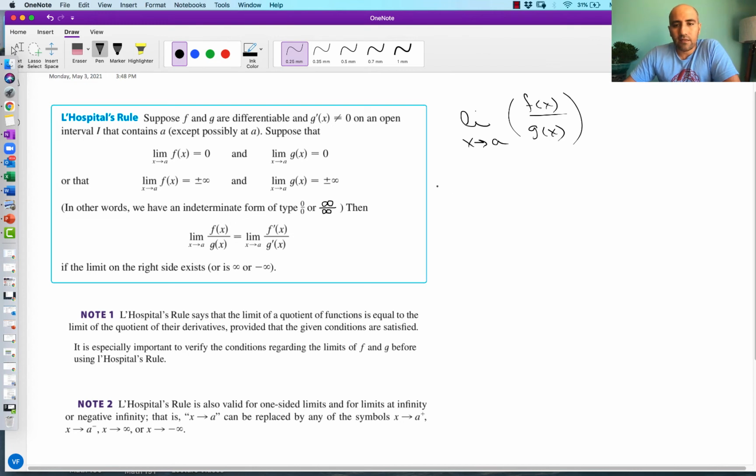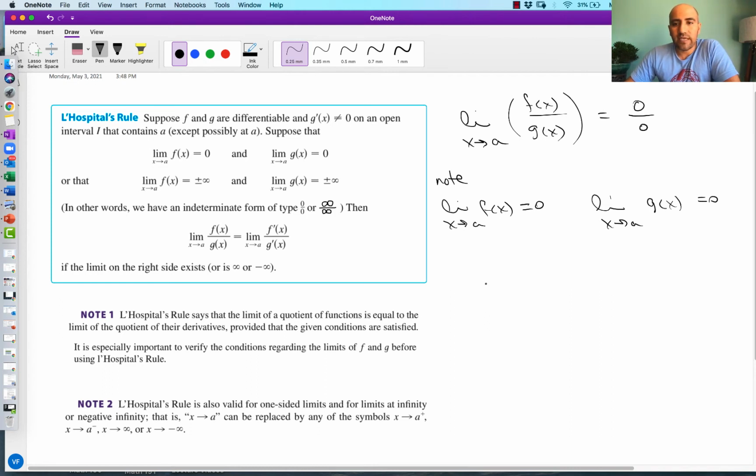Note that if I find the limit as x approaches a of f of x, and the limit as x approaches a of g of x, and both of these happen to be equal to 0, this is what we call an indeterminate form of the type 0 over 0, because the limit of the numerator is 0 and the limit of the denominator is 0. And this is where L'Hopital's rule can come in.